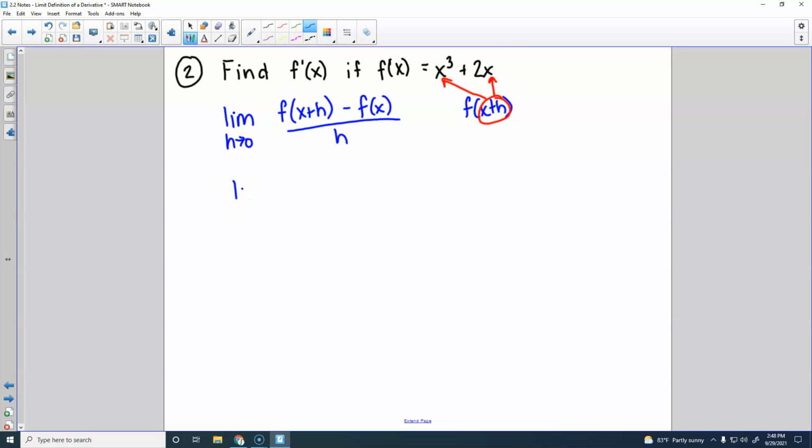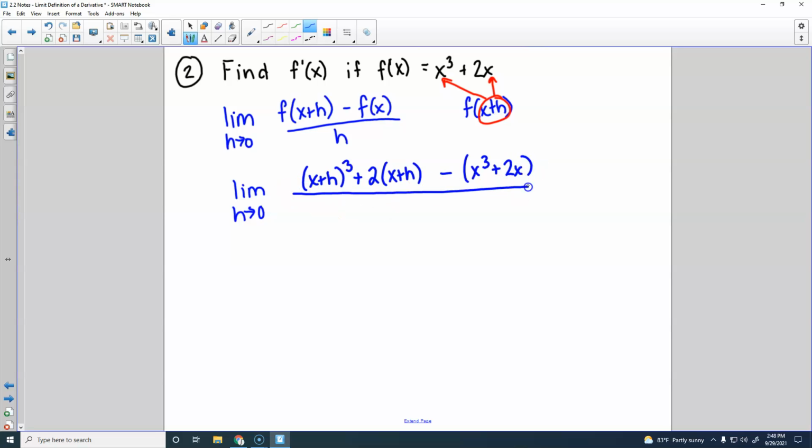So it is actually x plus h cubed plus 2 times x plus h. And then you still have to have minus f of x, which is x to the third plus 2x, all over h.